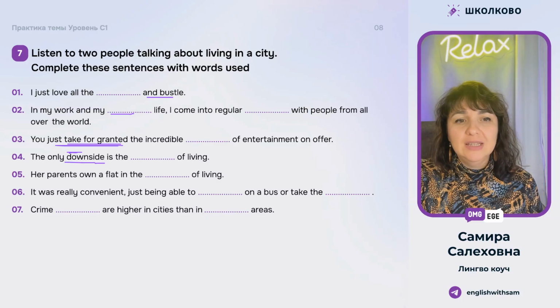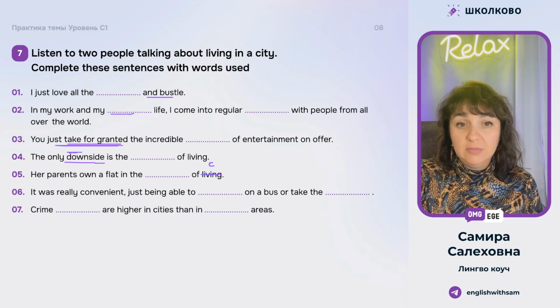disadvantage, is the cost of living. Her parents own a flat in the centre of living. Возможно, тут не living, а of city. Я могу предположить, могу ошибиться, конечно.